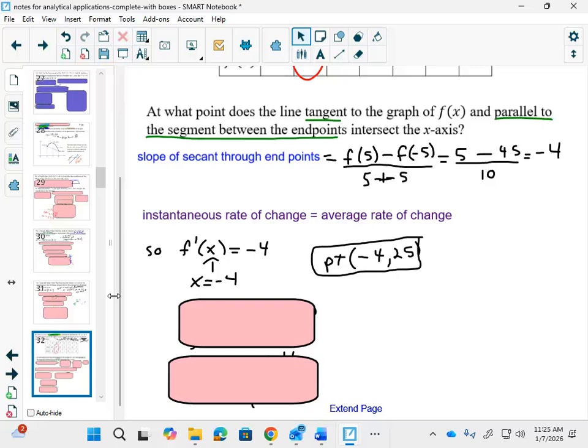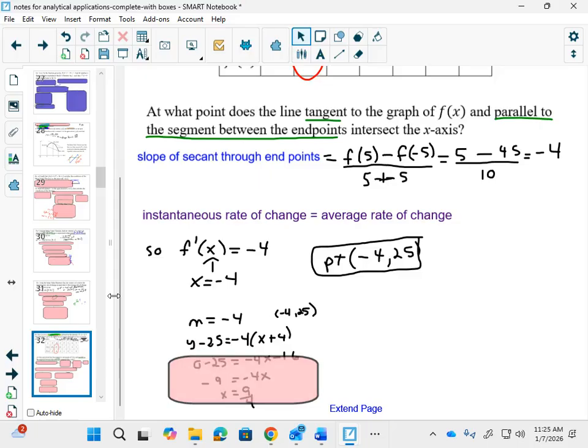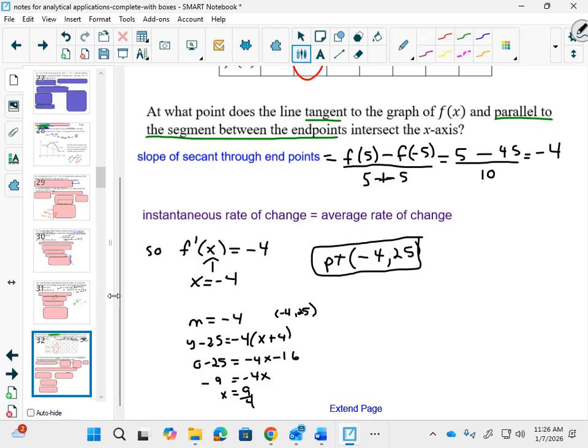Do you see that you have the slope already as well? So we can go y minus 25 equals -4x plus 4. We want to solve when the y coordinate is 0, right? Because the x-intercept happens when y is equal to 0.